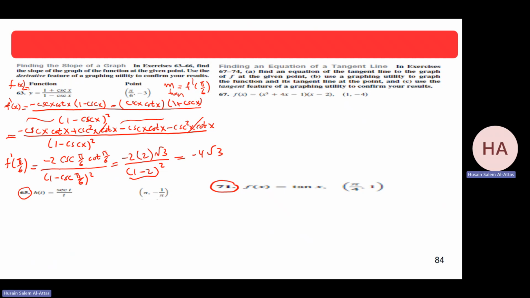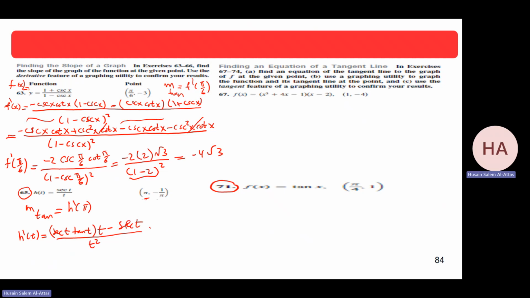Okay, another problem. Secant t over t. So I need to find m tangent, which is h prime at pi. It means I need to find h prime, using the quotient rule. That will be the derivative of secant, which is secant tan, times t, minus the derivative of t, which is 1, times secant t, over t square.